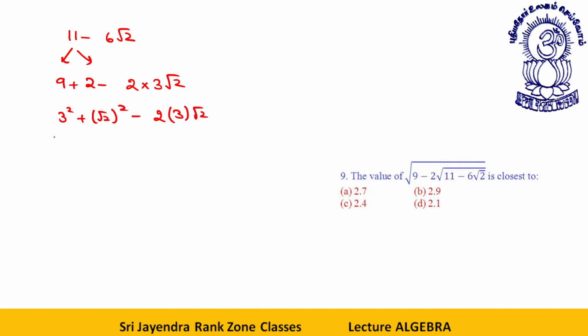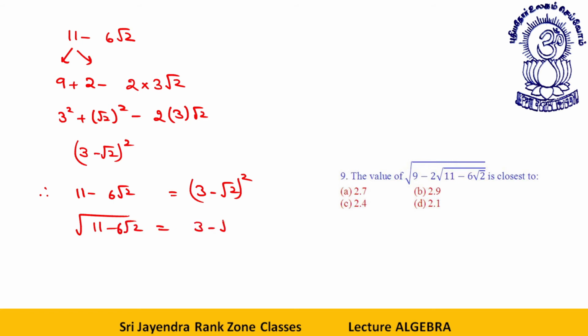That becomes a square plus b square minus 2ab, that is (a minus b) square. Therefore, 11 minus 6 root 2 is equal to (3 minus root 2) square, or under root 11 minus 6 root 2 will be 3 minus root 2. Clear, dear student?